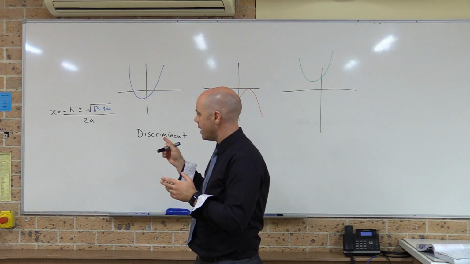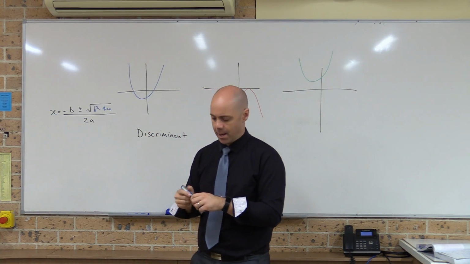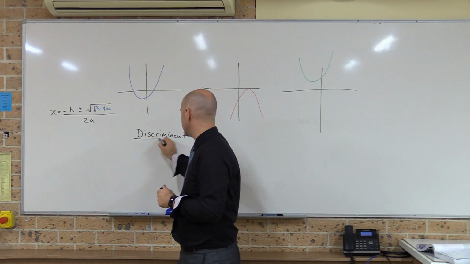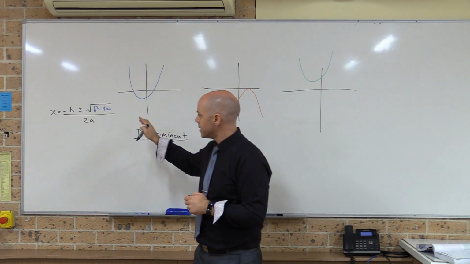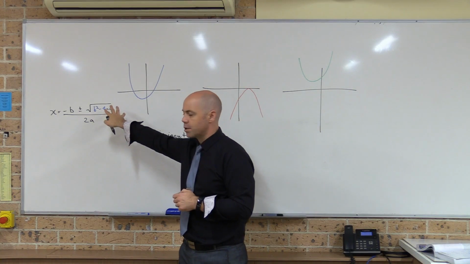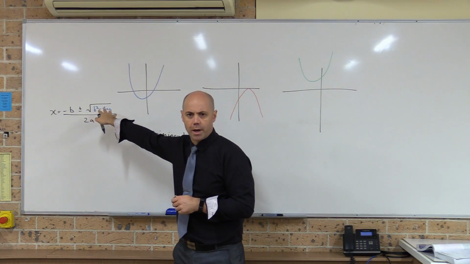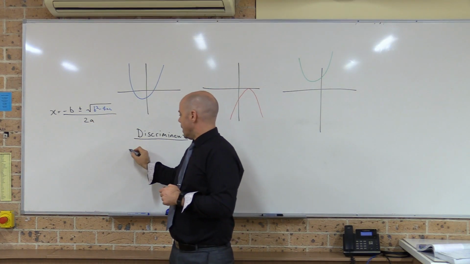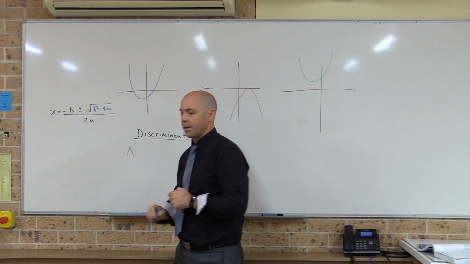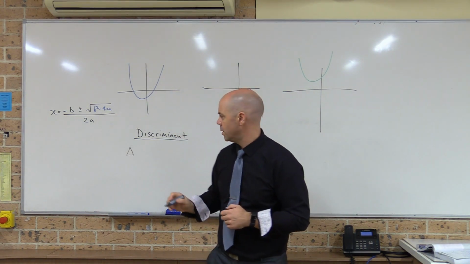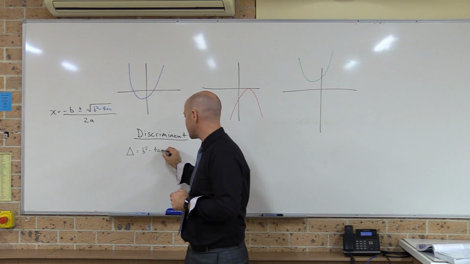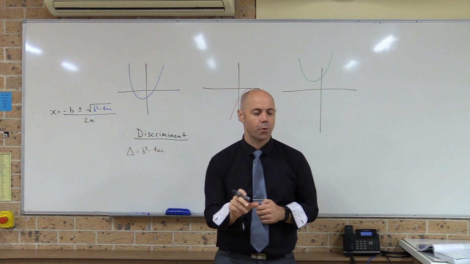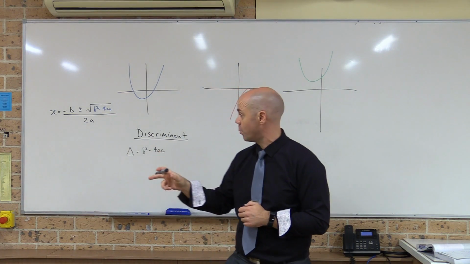And so that's an idea that we're going to use when we talk about our discriminant, because we're going to break down the three types of things we might have inside that square root. We use a triangle as the symbol for this discriminant, which is just the b squared minus 4ac part of the quadratic formula.